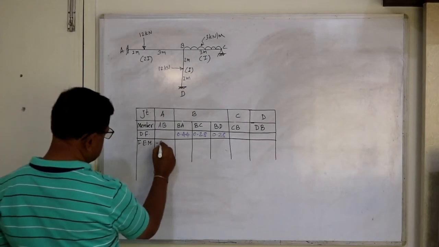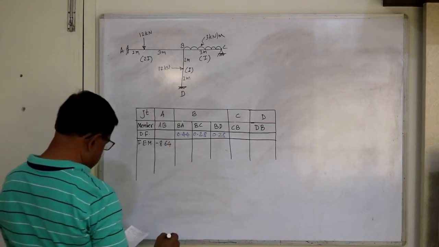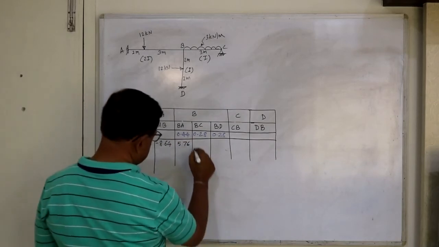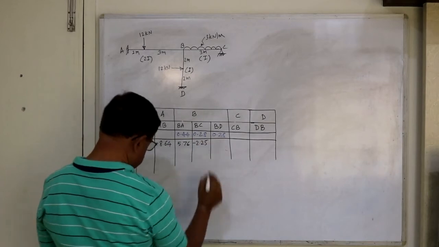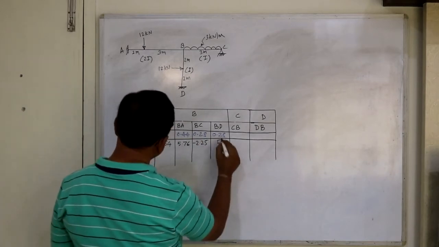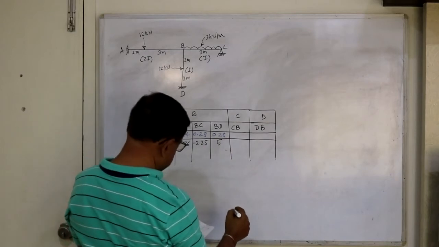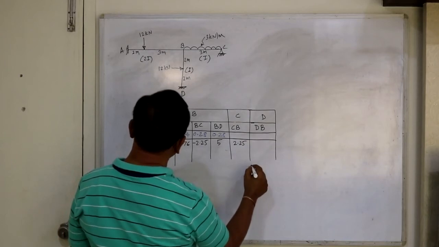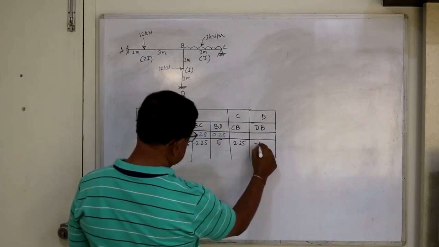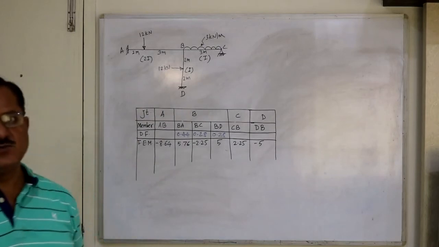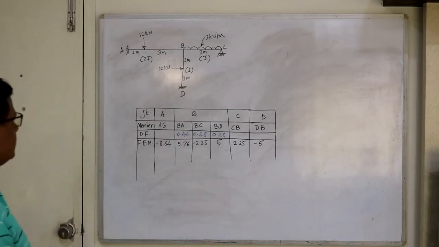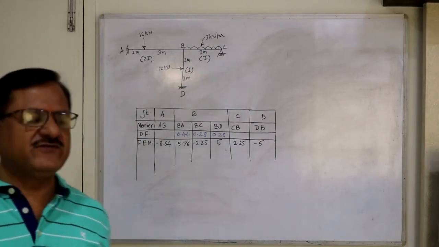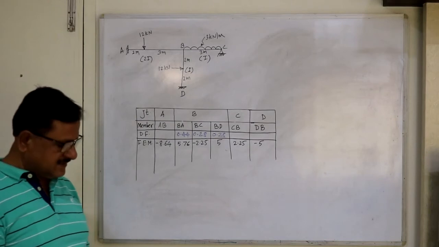This is minus 8.64, then 5.76, this is positive, minus 2.25 negative, then BD is positive, CB is positive 2.25, and DB is negative minus 5. So the calculated moments are entered. Now from here onwards, we are following our usual procedure. The procedure is the same, only the way of preparing the table is slightly different.